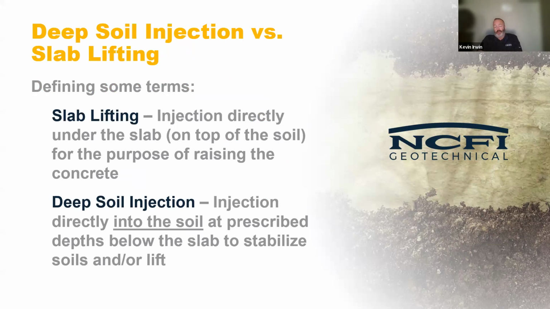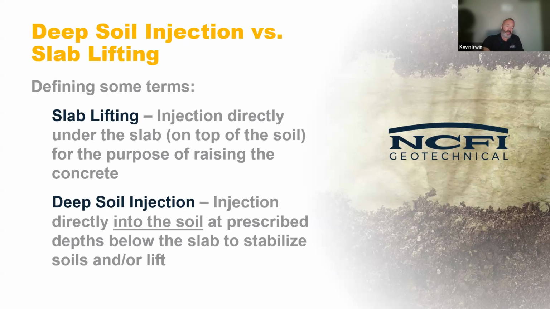Wanted to define a couple of terms. Obviously, deep soil injection we're talking about, but with deep soil injection, we're injecting directly into the soil. With slab lifting, which is what many people are familiar with, we're talking about driveways, sidewalks, even residential, lightweight commercial slabs, where we inject directly through a slab and between the soil layer and the bottom of the slab.